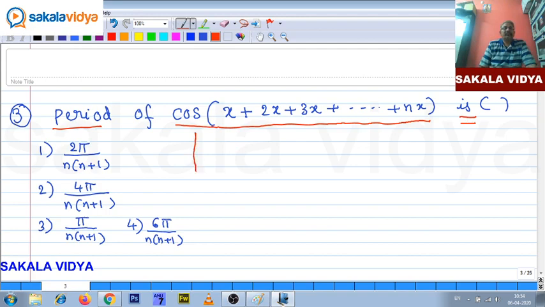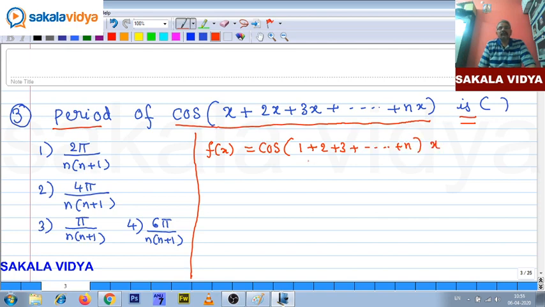Period of cos of x plus 2x plus 3x plus and so on plus nx is, so that means now we need to simplify this one. Now here f of x equals, if you take x common, cos of 1 plus 2 plus 3 plus and so on plus n of x. We know this is the sum of the first n natural numbers, that is sigma n. So we have sigma n is equal to n into n plus 1 by 2. Already I had a discussion on this one.